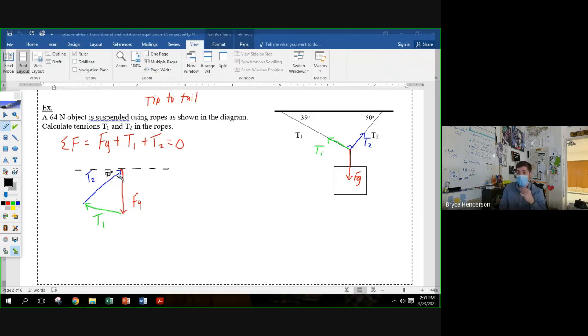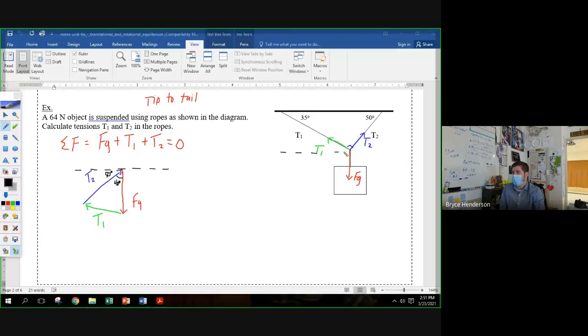Perpendicular. So we can assume this is a 90-degree angle, which means this actually would be 40 degrees. Otherwise, we could look at the other side and try to solve backwards, but it's easier to just think FG is perpendicular, so that total angle is 90 degrees. That we can prove.